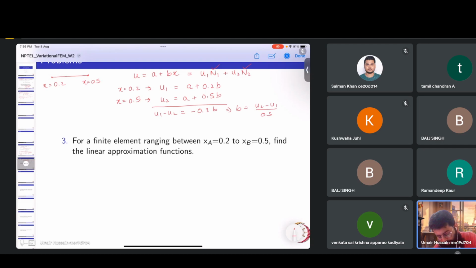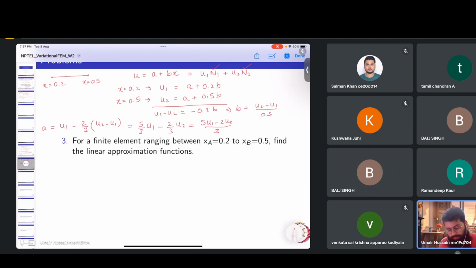We'll have a equals u1 minus 2 by 3 of u2 minus u1. That gives 5 by 3 of u1 minus 2 by 3 of u2, or 5 u1 minus 2 u2 by 3, isn't it?